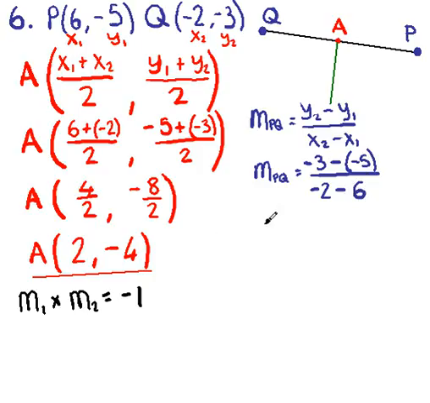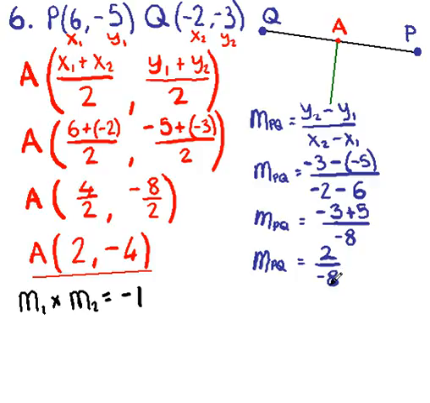So on the top line, we have minus 3 minus 5... minus 3 add 5, which gives us 2. On the bottom line, it's minus 2 minus 6, which gives us minus 8.